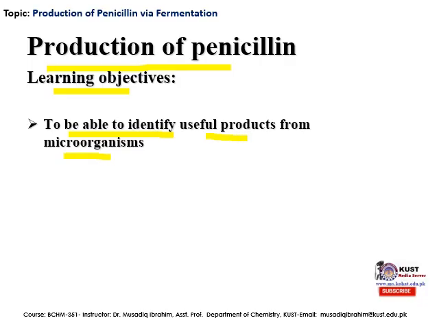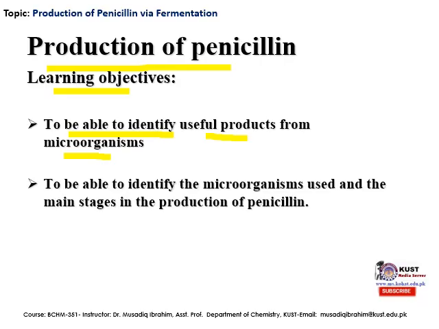So in the coming slides, you will come to know how the microorganisms produce the primary metabolites and the secondary metabolites, and the secondary metabolites are beneficial, and then those secondary metabolites can be utilized as antibiotics. Also, to identify the microorganisms which are used and the main stages in the production of penicillin.